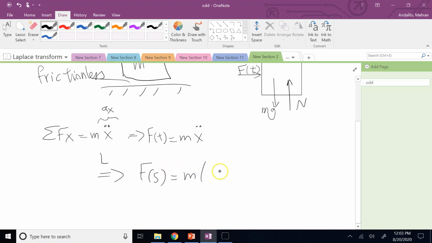This one becomes m times what? s squared X of s minus x of 0 times s minus x dot at 0. And we know when we want a transfer function, we assume initial conditions are 0. Therefore, you will only be getting this term, right?